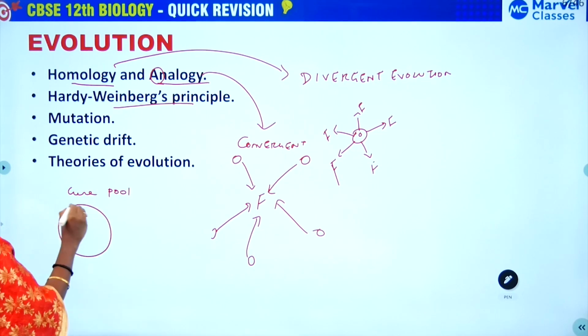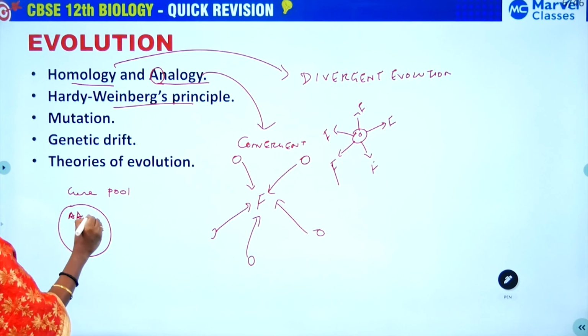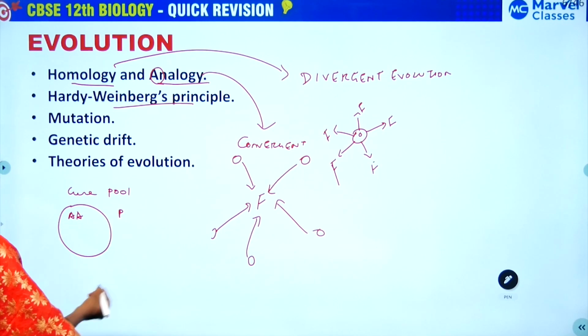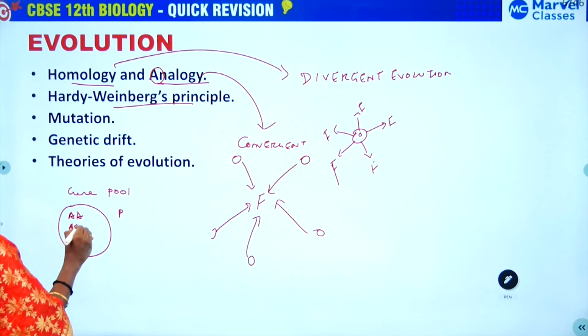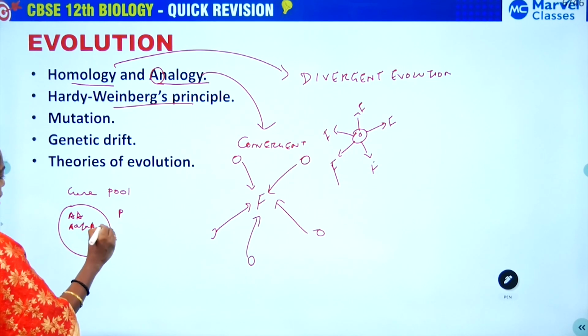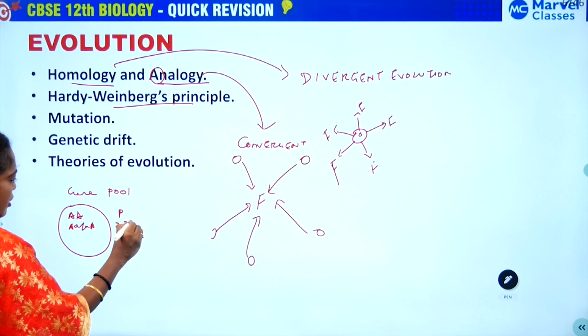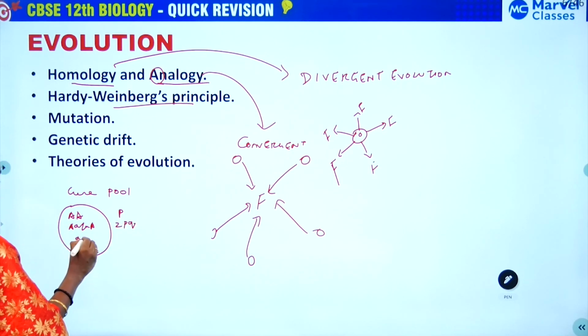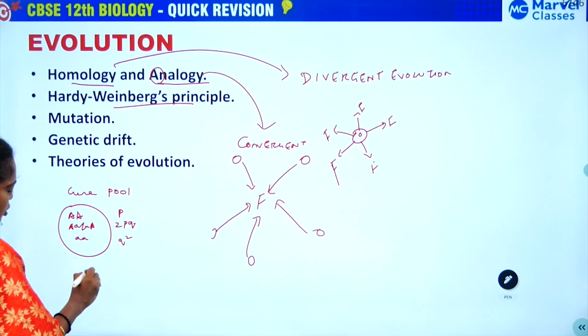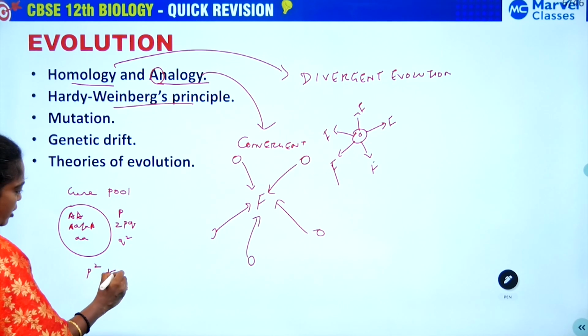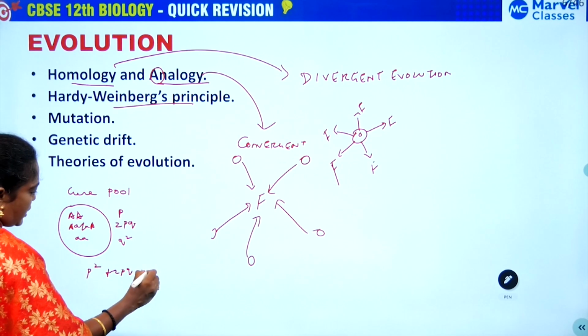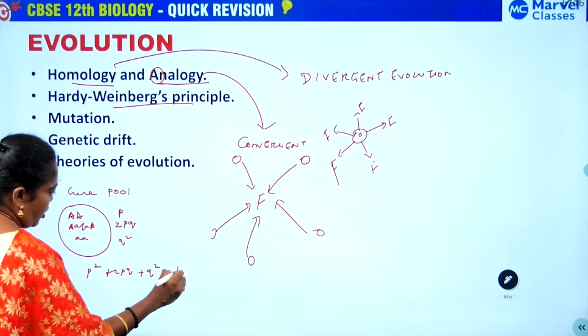In the gene pool we have capital A, capital A, which will be represented with small p, and capital A, small a, which is 2pq, and small a, small a, q square. So the equation will be p square plus 2pq plus q square is equal to 1.